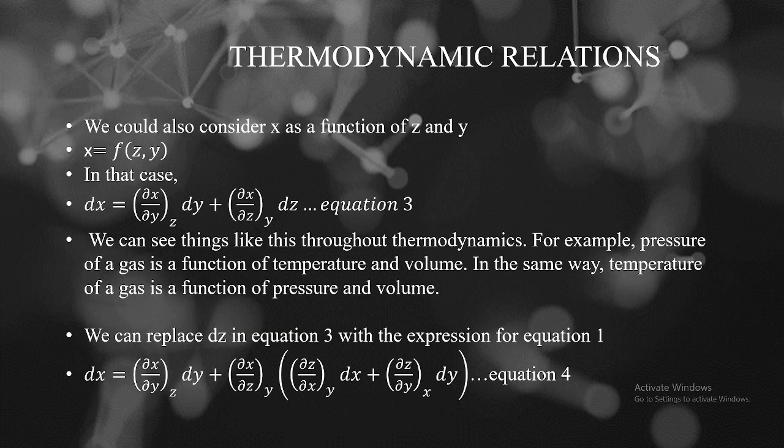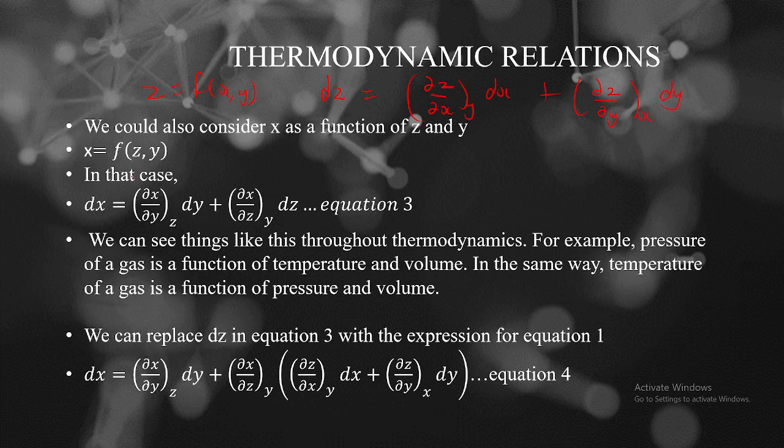Okay. So now we want to start deriving some expressions that we'll be using throughout this course. We can start with this example, or in fact, we are building on what we started with. We initially started with z as a function of x and y, and we said that from this it means that dz is equal to del z del x at constant y dx plus del z del y at constant x dy.